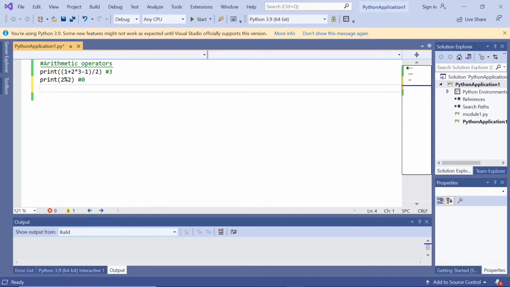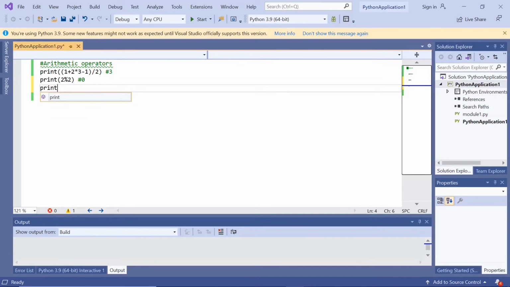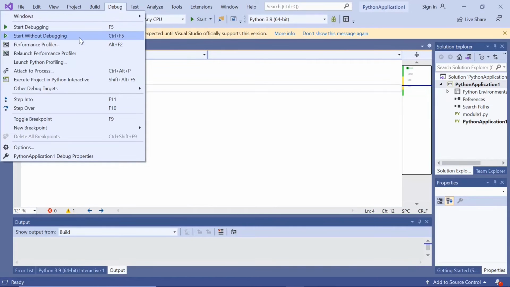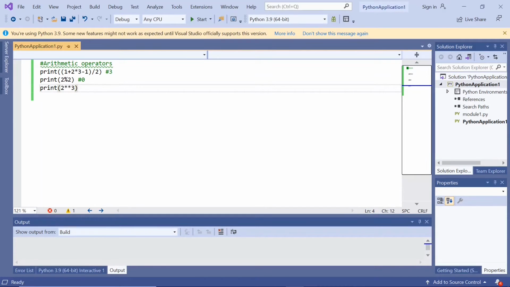Let us see an example for exponentiation, that is squared or cubed. Let us print 2 double star 3, because exponentiation is given by double star. That means 2 cube. Let us debug. The result is 8. 2 cube is 8.